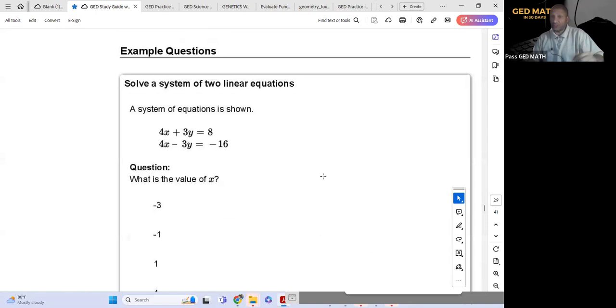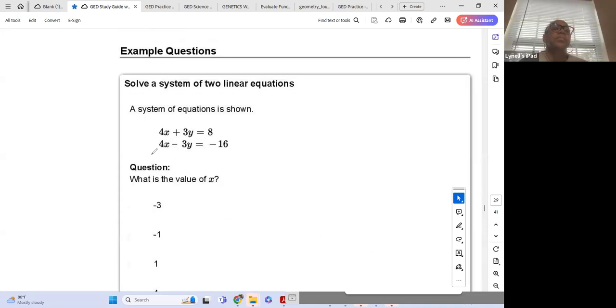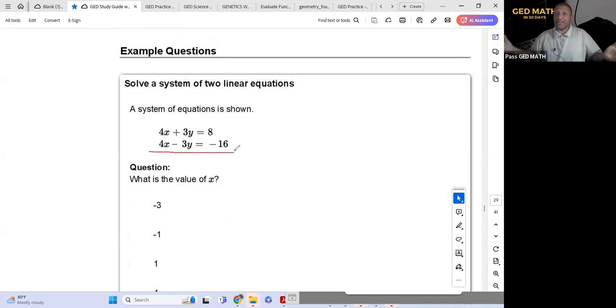They already have the system of equations for you. What you need to understand is, in order to solve a system of equations, I must eliminate one of the variables. So if you notice, this is the easiest question on the exam. It's already eliminated one of the variables because you got two opposites, plus 3y and minus 3y.